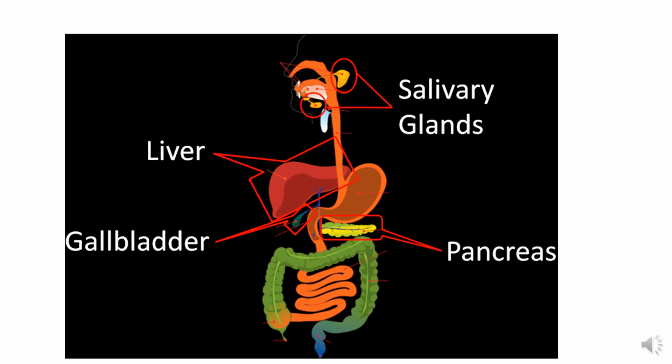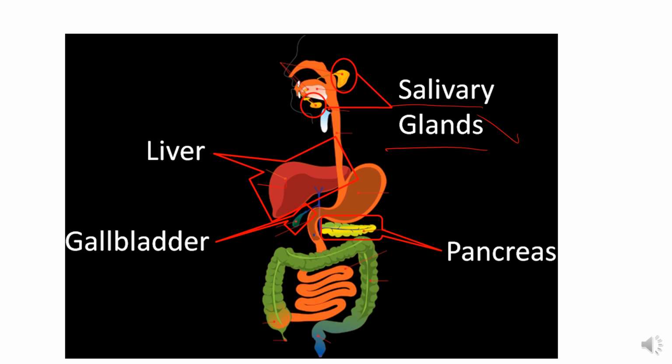Now, as you know, the function of the GI system is to digest the food. So this system is also related with some glands. Salivary glands produce saliva, which causes emulsification of the food, and the enzyme present in it starts digesting the carbohydrates.